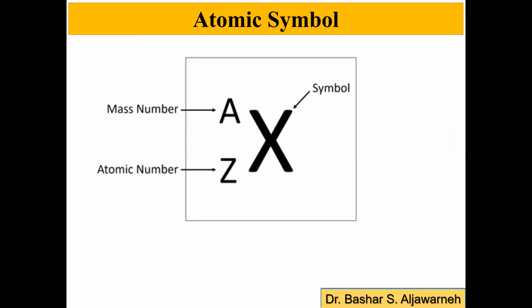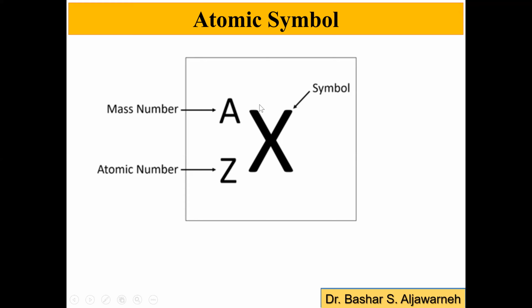So in general, we can write our element as you can see here. X is a symbol for the element, for example, aluminum, sodium, calcium, something like that.